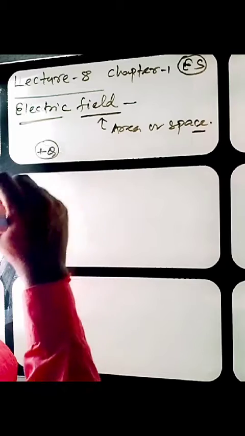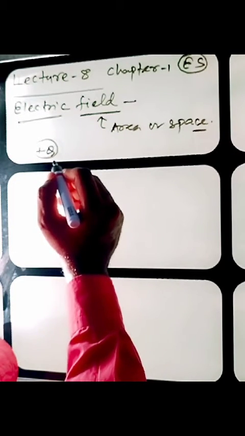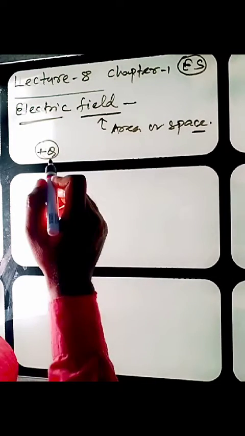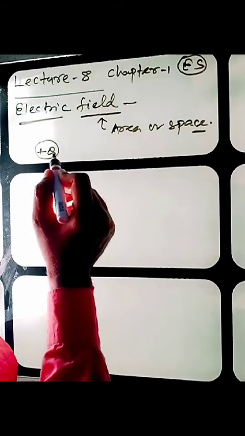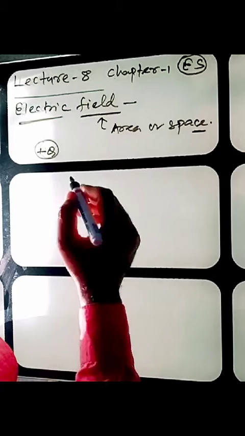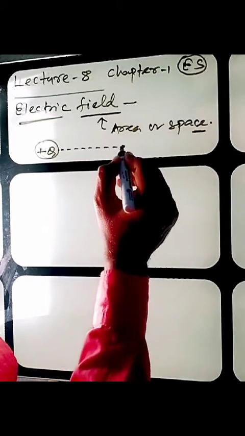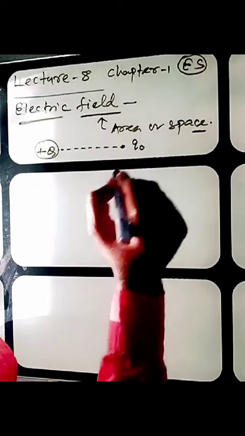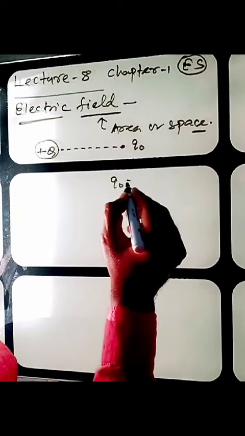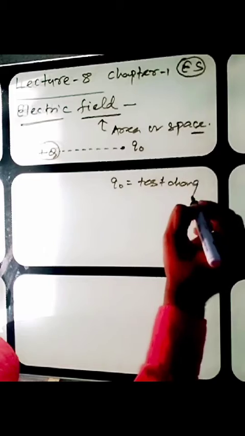Now, I want to find out the space or the field, that is the area over which this charge can influence other charges. We are taking here a point charge, that is a very small charge at a certain distance, named Q naught. Q naught is the test charge.